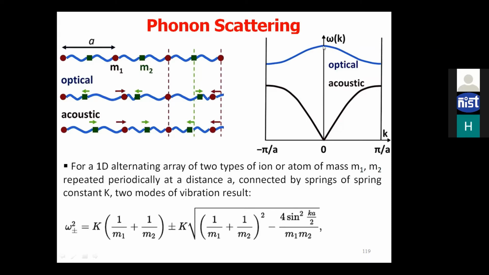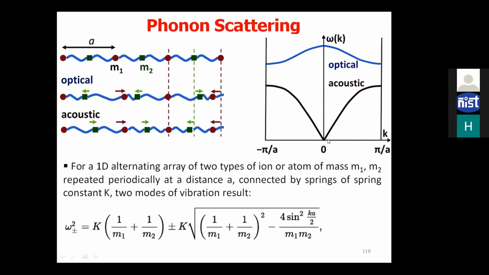Normally optical phonon scattering occurs at high frequency in the omega versus k plot, which peaks at the center of the Brillouin zone, that is 0, and gradually reduces towards the edge of the zone.